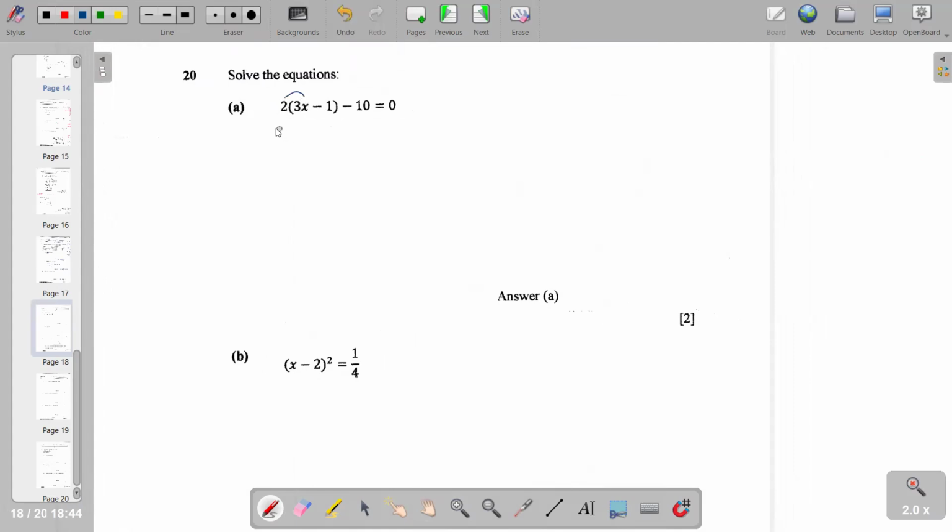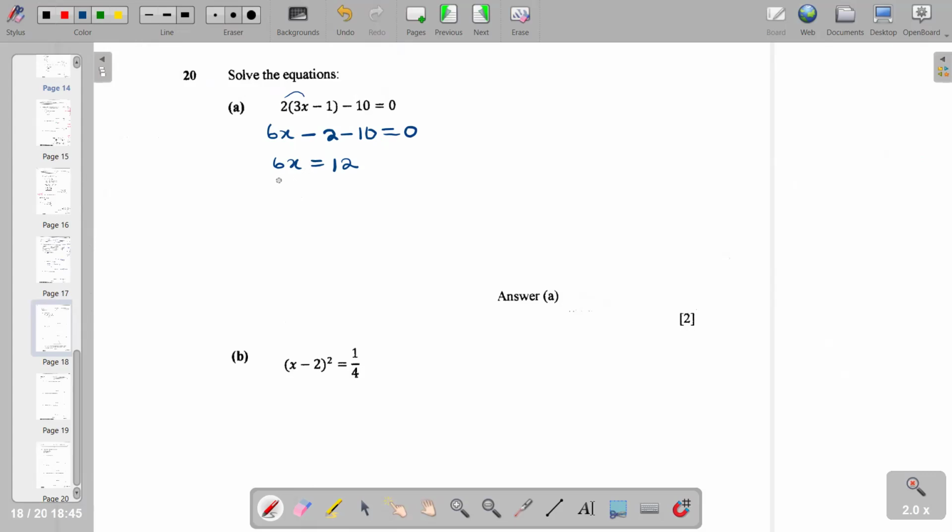This multiplied by this, 2 times 3 is going to give us 6x, 2 times that minus 2, minus 10 is equal to 0. Then the 6x will be equal to this when they go the other side. It's going to give us a 12.